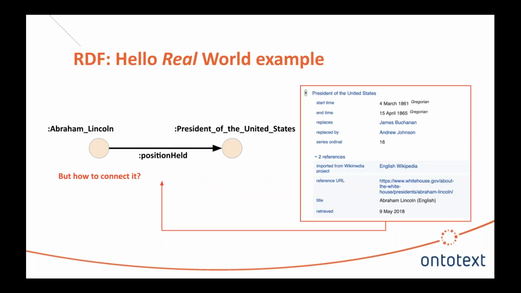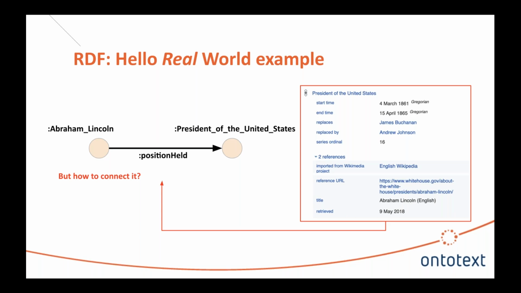So what is really the challenge? We are going to speak about property graphs and the RDF standards. Let's go to the same example, and say, okay, this is Abraham Lincoln, and he had the position held. He's not president, so he has this position, and the role is president of the United States.